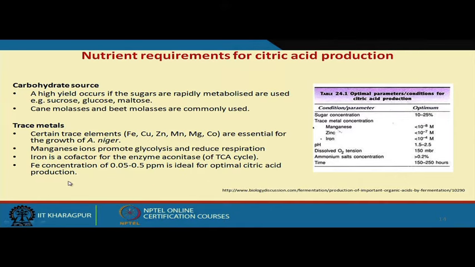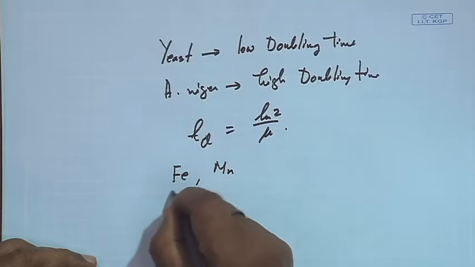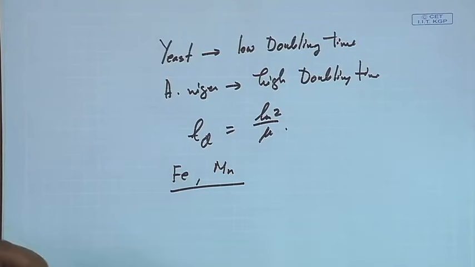Now here I want to point out that mineral concentration plays a very important, what we call pivotal, role in the citric acid fermentation process, particularly iron and manganese. As you have seen, iron is a cofactor for aconitase, which I have already shown you.